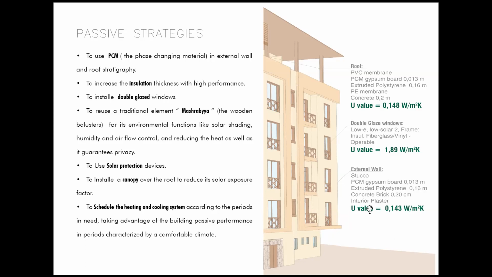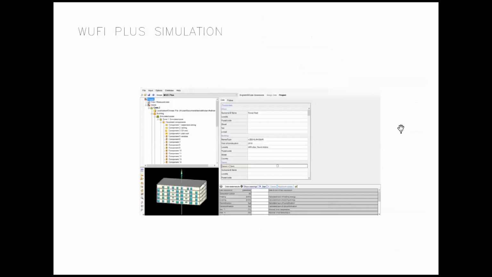That means that my U value is really low. I have used Vuvi Plus simulation. Vuvi Plus simulation is software that could simulate the climate, the inner environment, the external reactions of my building with the environment, and also the performance of my envelope.